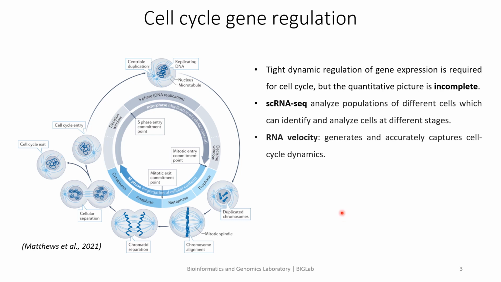First, I will introduce to you the cell cycle gene regulation. The primary focus of the study is cell cycle gene regulation. The cell cycle has 4 periods. The first is the G1 phase.